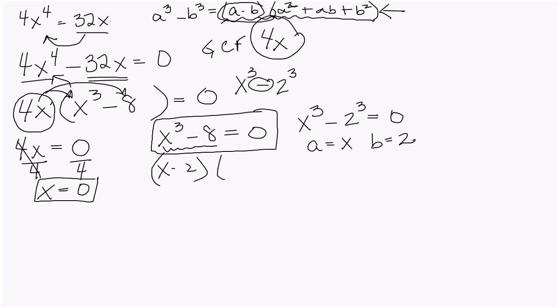And then the second part, I'm going to have a to the power of 2, so x squared, plus a times b, which is 2 times x, and then b squared is going to be 2 squared, which is the same as 4. So I'm just going to put 4 in.